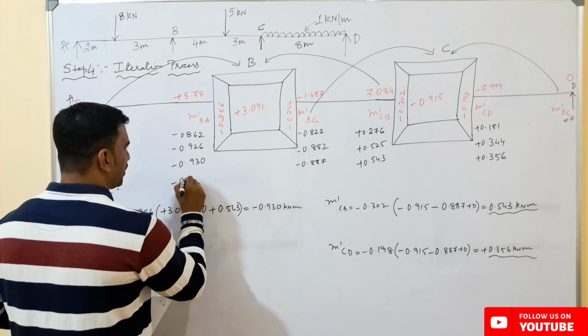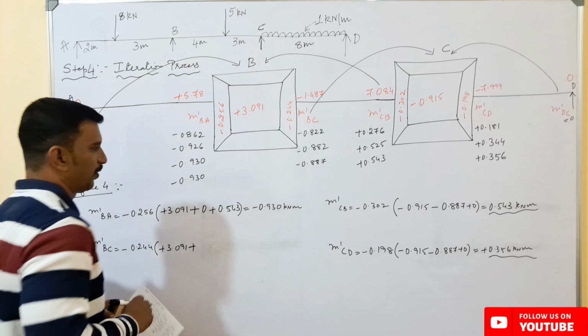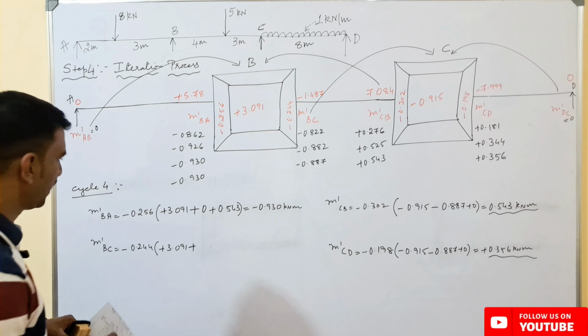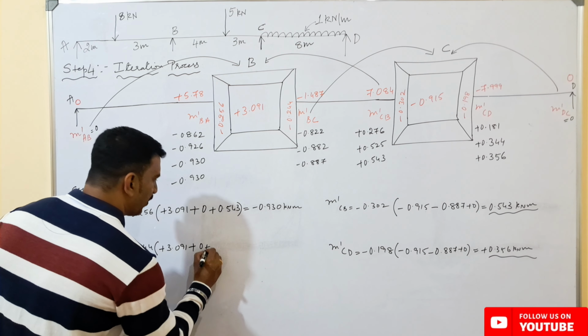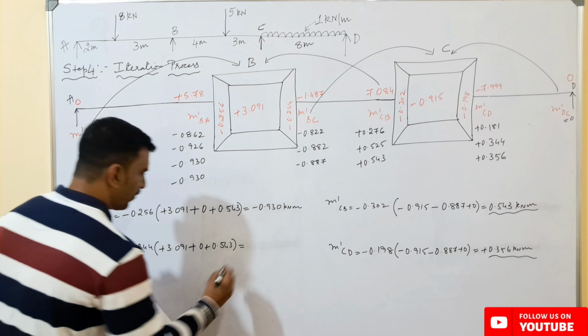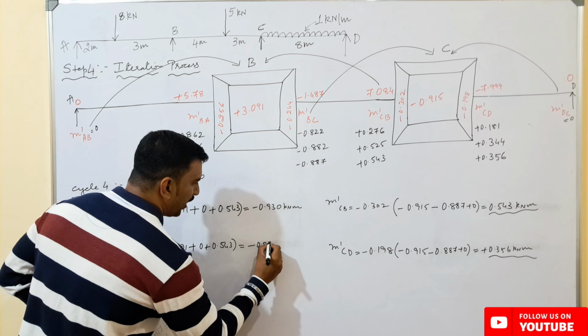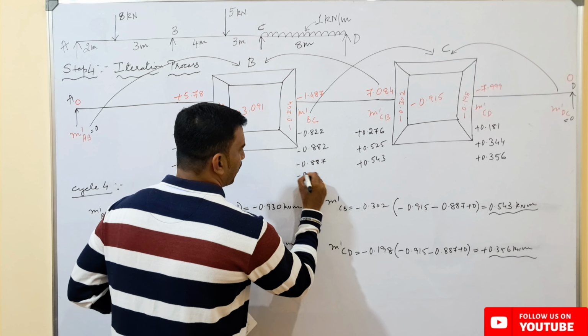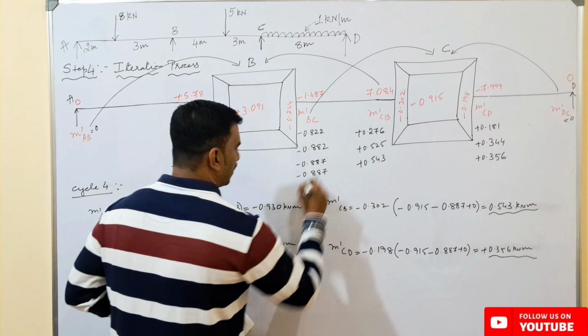So here it is minus 0.930. Now the values are similar here at m dash BA. Similarly, plus 0.543, here it will be minus 0.887 kilonewton meters. So here it is minus 0.887.